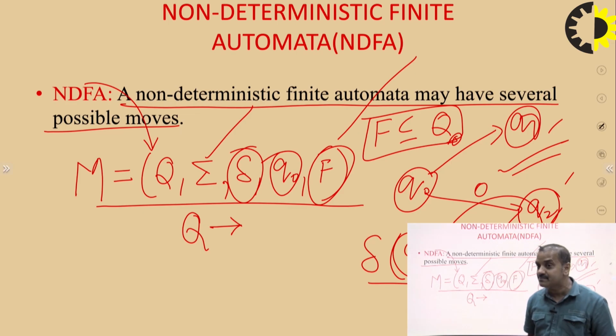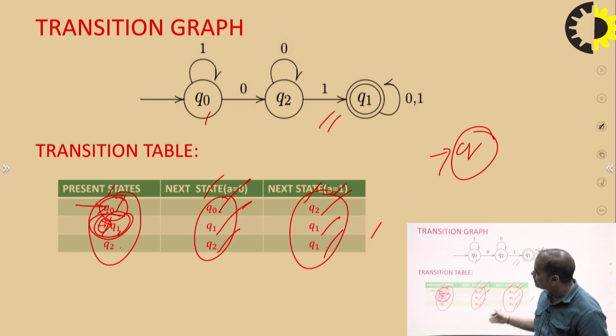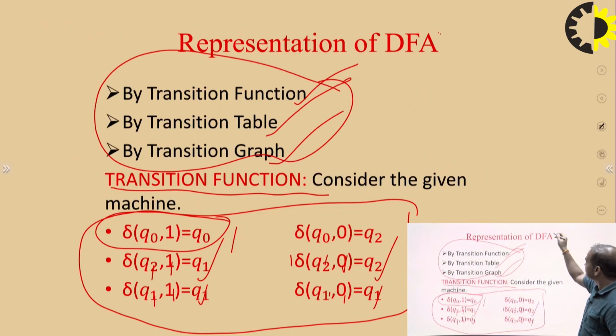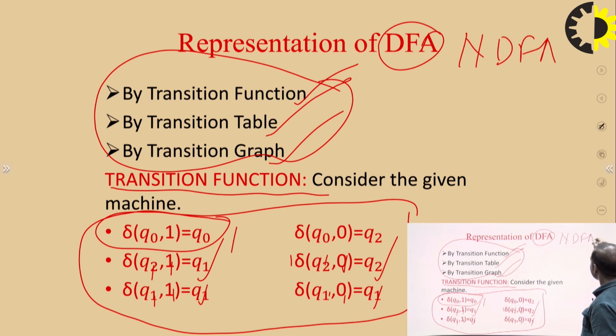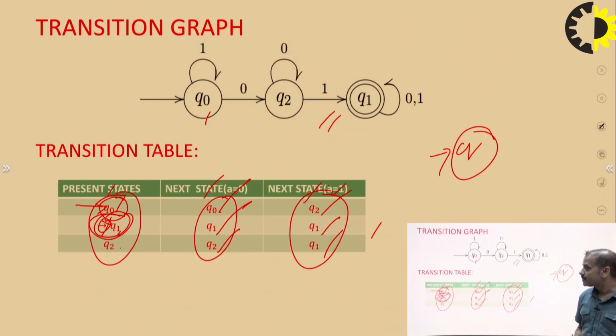There is no difference in representation, so we do not need to consider that here. The representation discussed for DFA is also used in this case. Function, table, and graph: there is no change, but the change is the multiple moves.